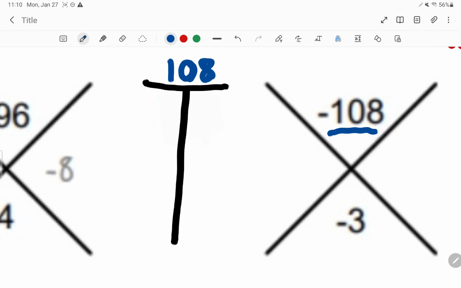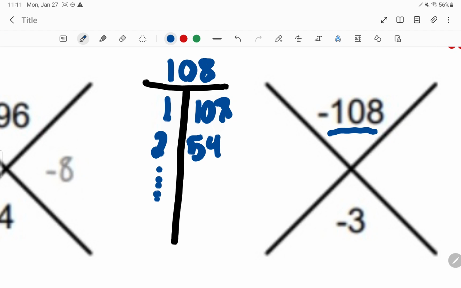And this is really easy, you just need to remember your multiplication tables. So what gives me 108? Let's start with 1 and 108. Then 2 and 54. We're going to keep going until we find the right pair of numbers.